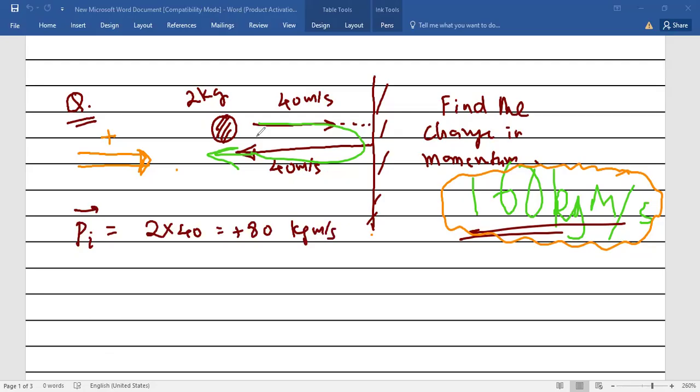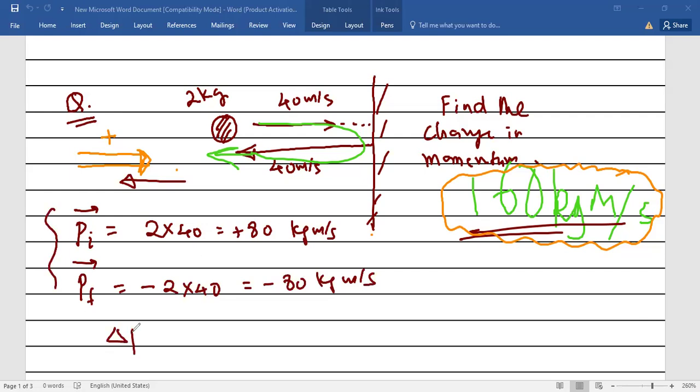This will be plus because the initial velocity is towards the right. Now the final momentum, since the body has bounced back and is moving towards the left after hitting the wall, will be minus 2 times 40, because as per our sign convention we have to take this direction as negative. So it is minus 80 kg meter per second.